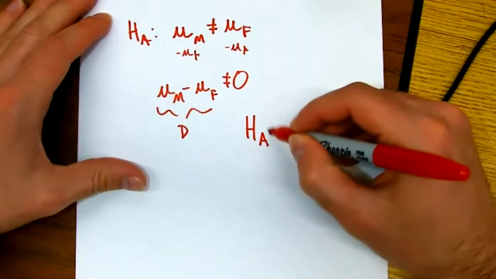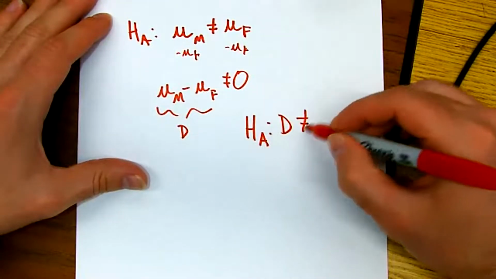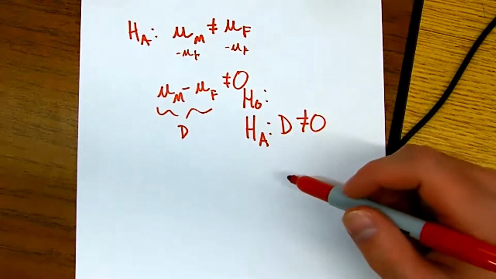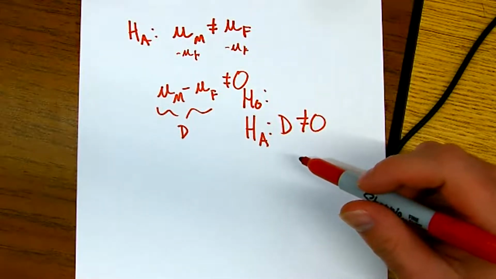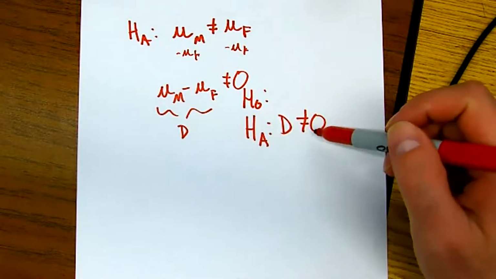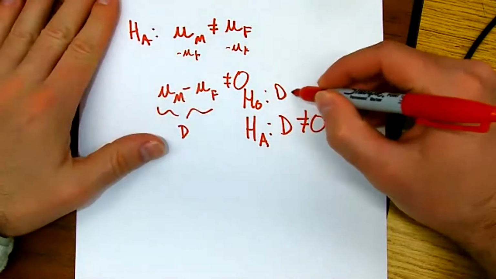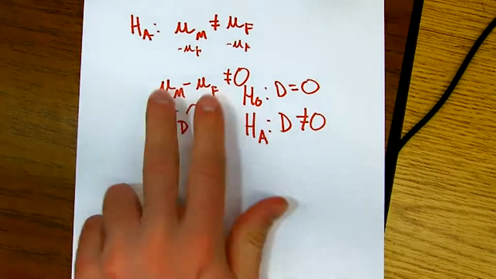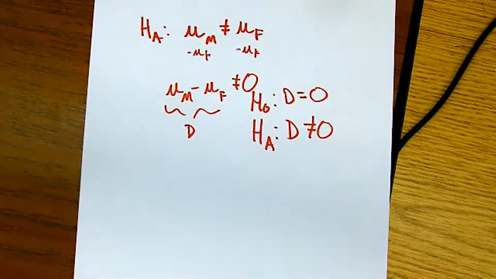So if I'm writing out my alternative hypothesis, it's that this true difference is not equal to 0 because I want to test for whether or not they are different from one another, right? And if they're different from one another, then when I subtract one from the other, I'll have some value that's not 0. But I'm going to stack the deck against myself and assume that that difference is equal to 0. They, in fact, are the exact same average salary between males and females.